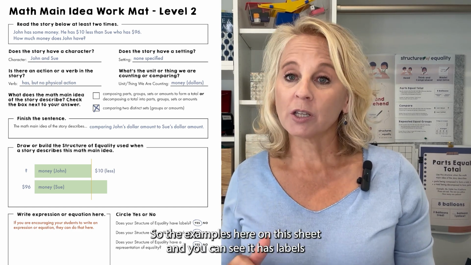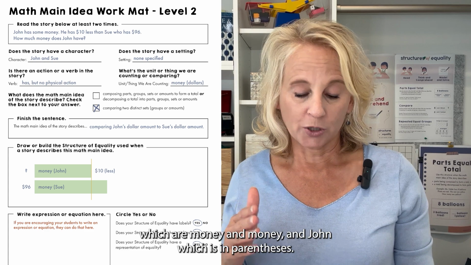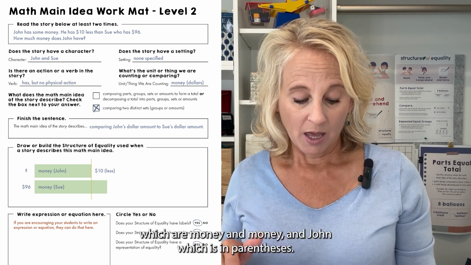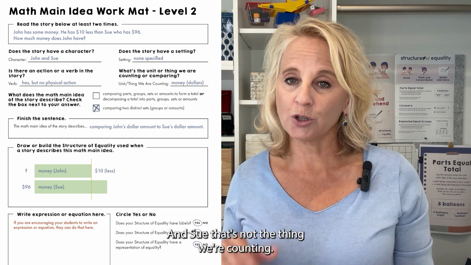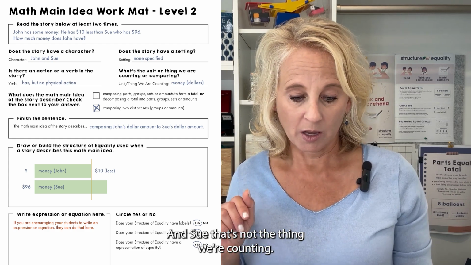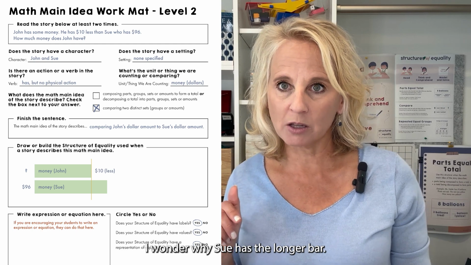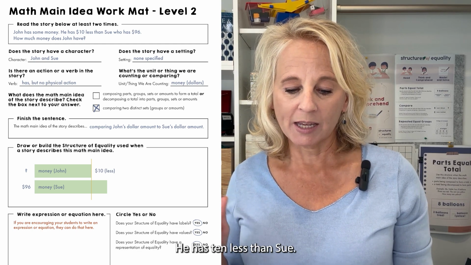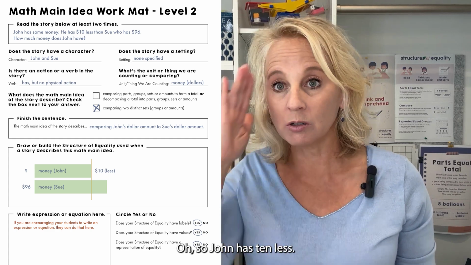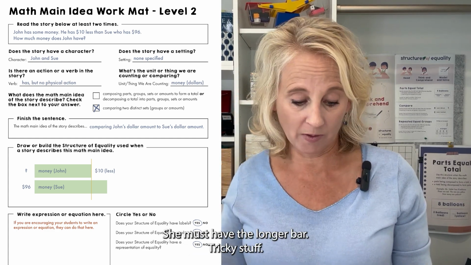In the example on this sheet, you can see it has labels, which are money, and John, which is in parentheses because that's not the thing we're counting, and Sue, that's not the thing we're counting. Sue has the longer bar. Wonder why Sue has the longer bar? Well, the story says John has some money. He has 10 less than Sue. So if John has 10 less, Sue must have more. She must have the longer bar.